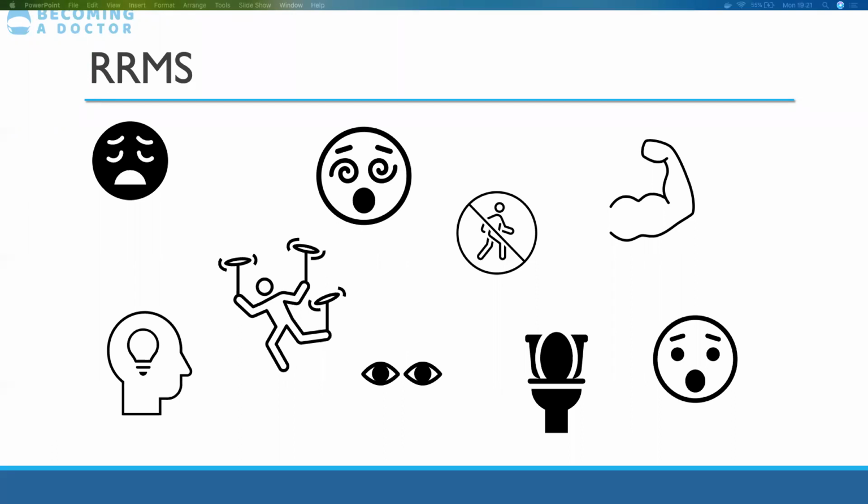The important things to cover in a history, other than asking them about their presenting complaint, would be the past medical history. So you want to make sure if they've had any history of focal neurological deficits or any other autoimmune diseases. You want to check if they have a family history of MS or any other autoimmune diseases.